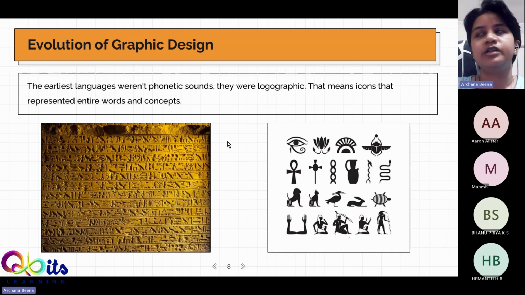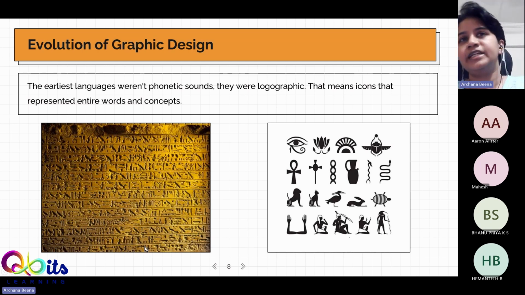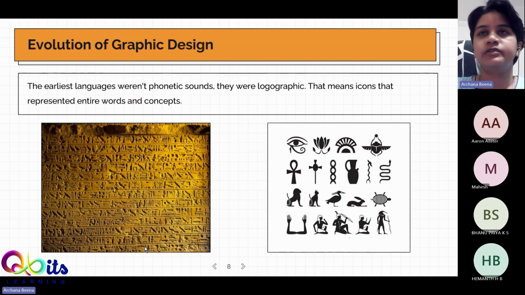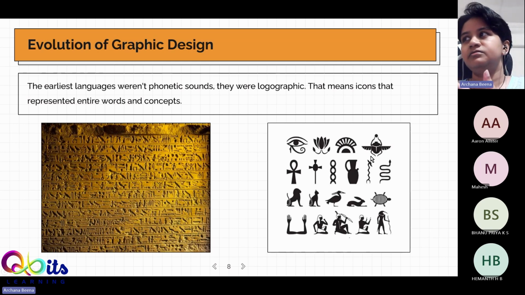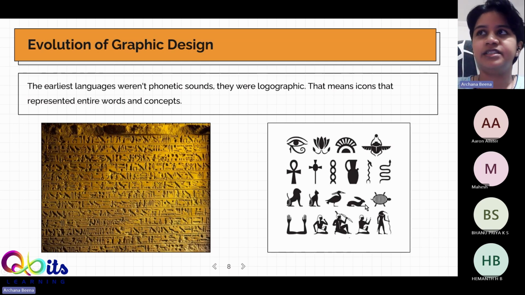After cave paintings, what came along was not just phonetic sounds, but they were logographic or hieroglyphics to be exact. So this means icons that represented entire words and concepts. It wasn't about words, it wasn't about letters. The first things to come were icons. And if you look closely, you can see all of these iconic representations that we are seeing here from years and centuries ago.